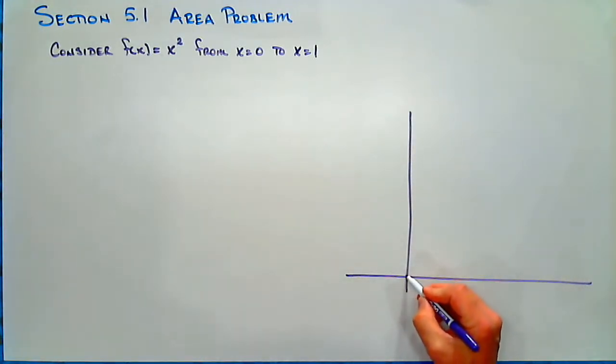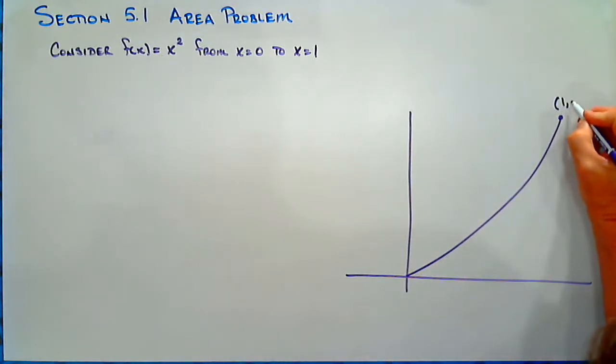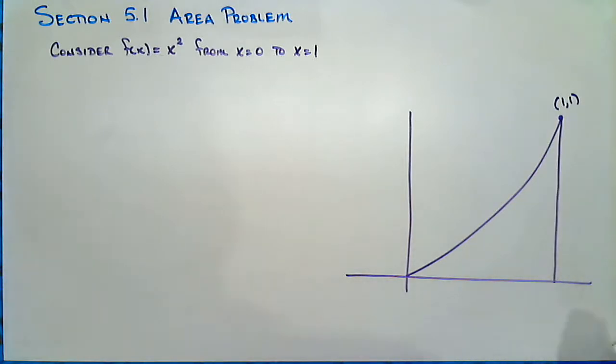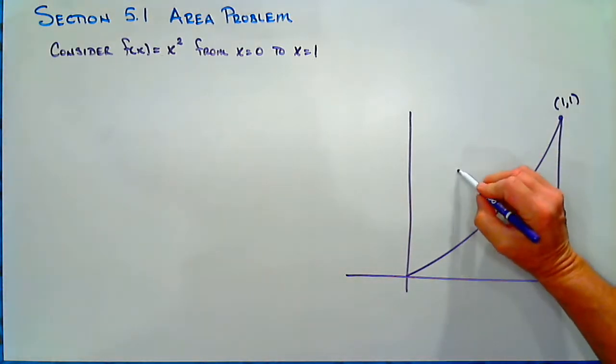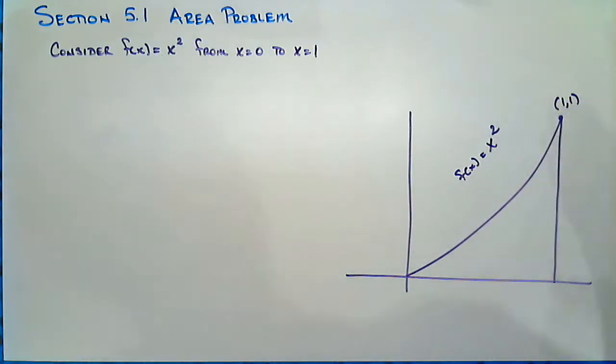And we have our parabola, and it goes like this. This is the point 1, 1. And this is f of x equals x squared. And we're tasked with finding the area enclosed by this region.